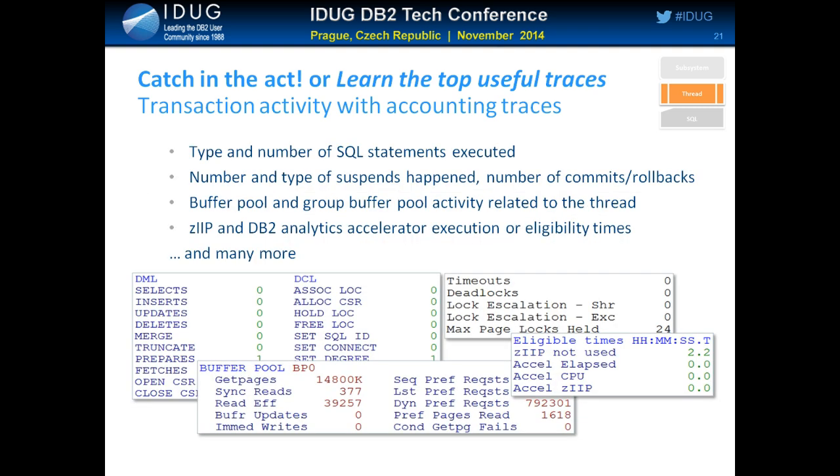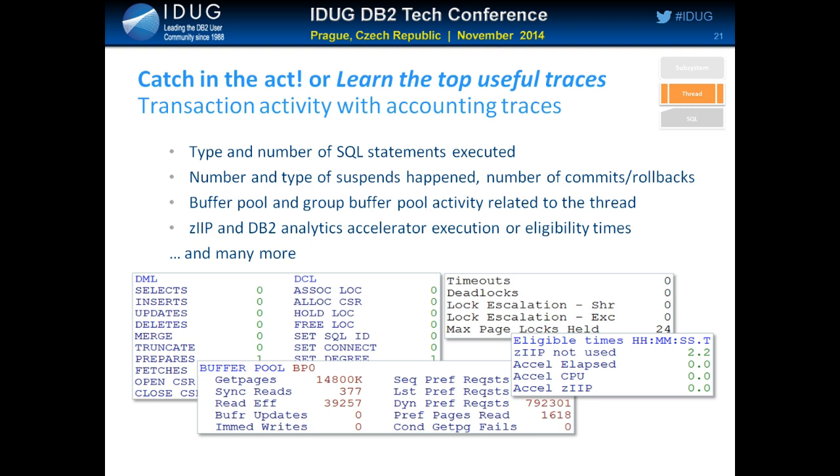Also from the accounting trace, you may figure out the statement types, not the exact statements, but, for example, selects or inserts, and how many times they were executed for that transaction. Then how many suspends and what kind of suspends there were, and the number of commits and rollbacks.